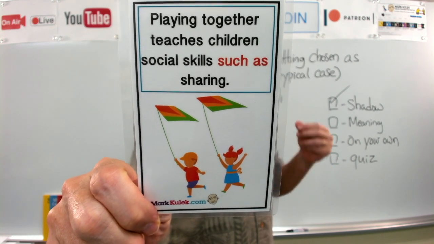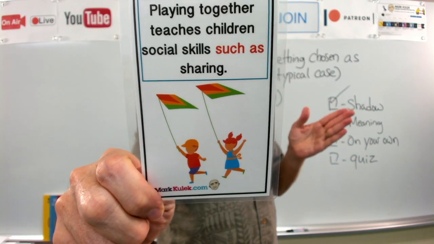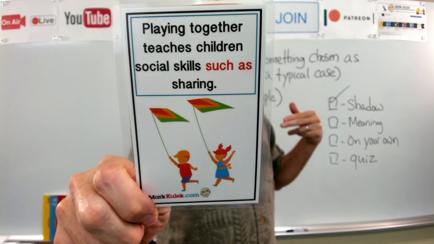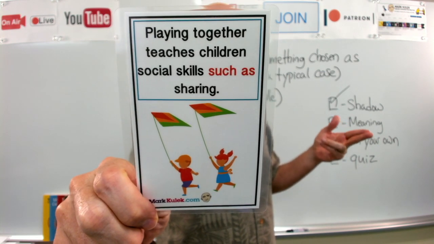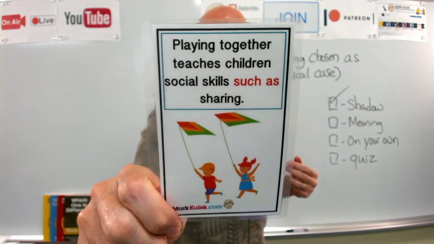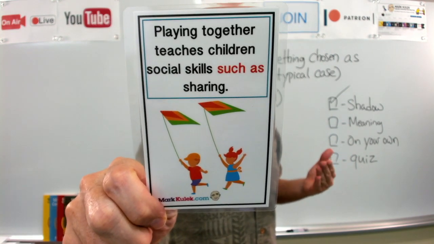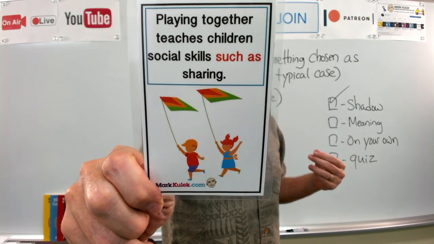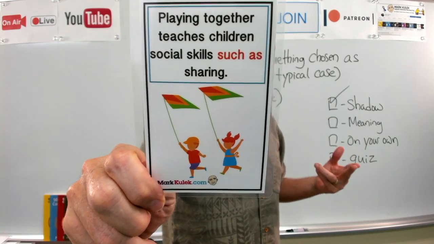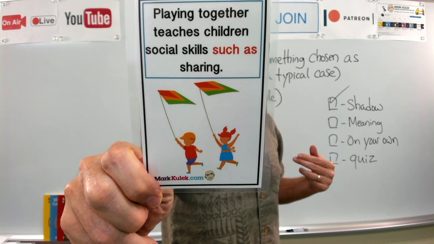Demonstrates, gives them examples of social skills. So social skills, how, you know, in society with other people. And so we need those skills. Children need those skills. How to act around other people, how to behave around other people.